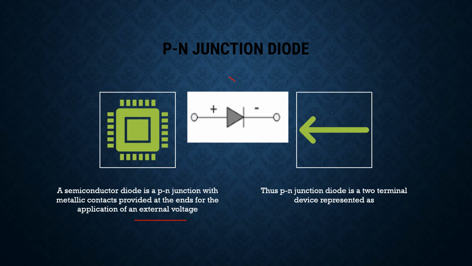This is the symbolic representation. Here the P side, that is the hole side, is represented by this symbol and is taken as positive, and the electron side is represented by the vertical line and is shown as negative. These two ends are provided so they can be attached to external voltage.